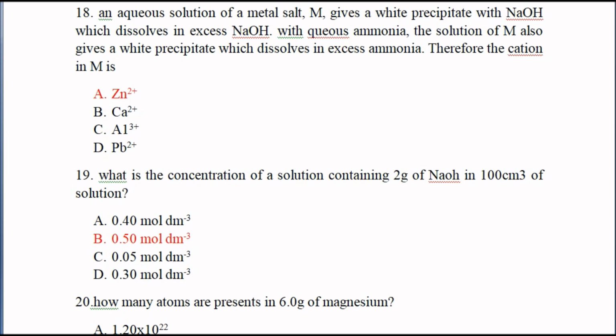Therefore, the cation in M is A. Zinc, B. Calcium, C. Aluminium, D. Lead. The answer is A. Zinc.